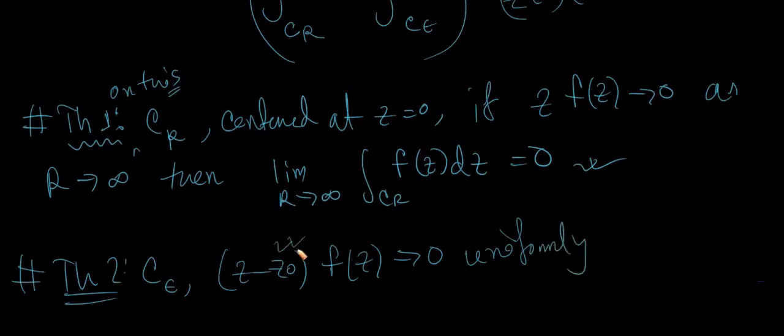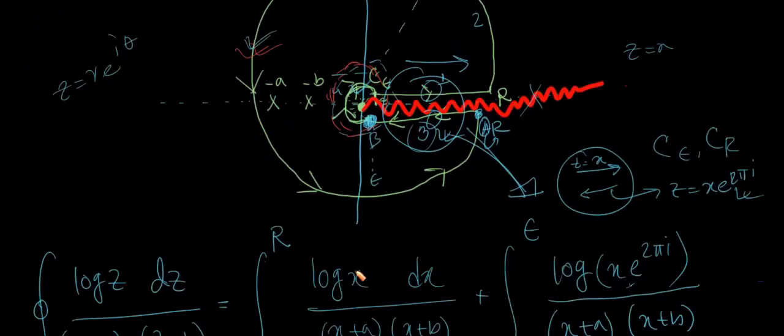This z naught is a singularity, by the way, so keep that in mind. Or so to say, this z naught is a point that this smaller circle encloses.